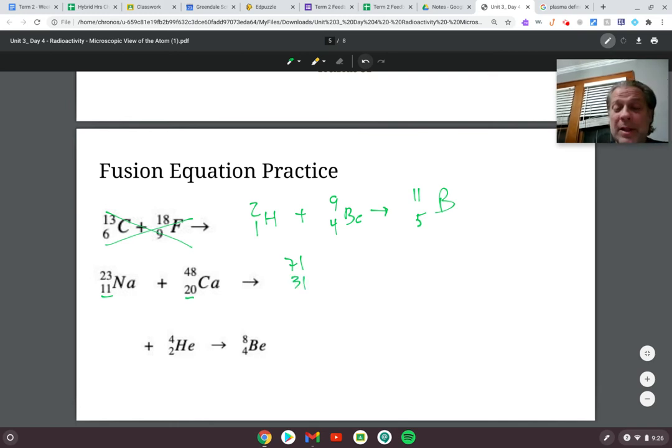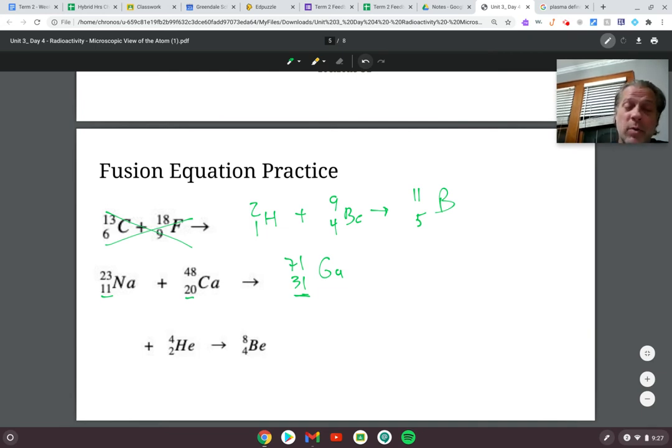So I'm going to be looking for an element with an atomic number of 31 on the periodic table. I'm going to go all the way across, and I see that that particular element is gallium, Ga. And so on the right side, I have the same mass number amount as I do on the left side, and the same atomic number amount as on the left side.